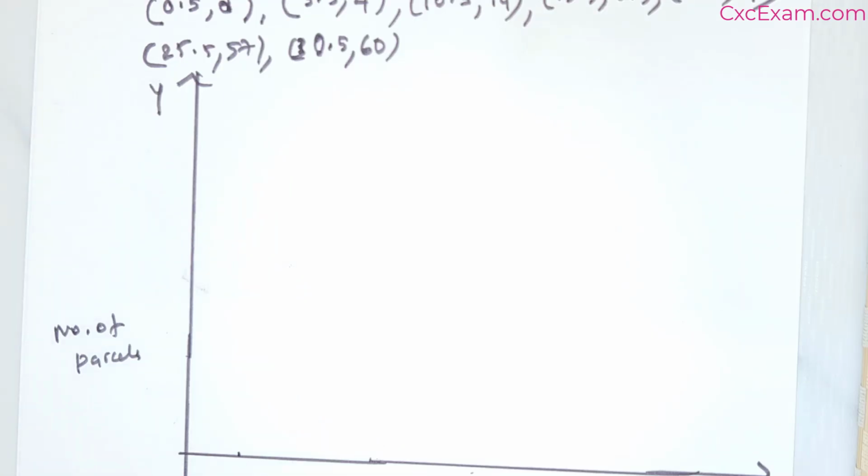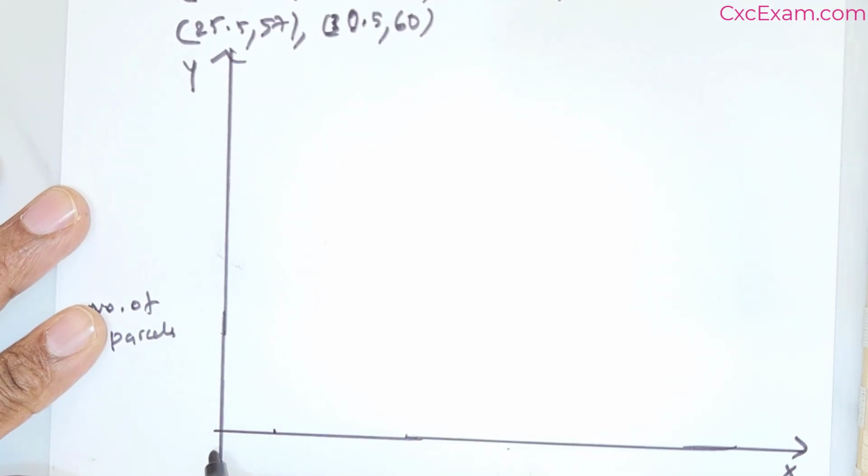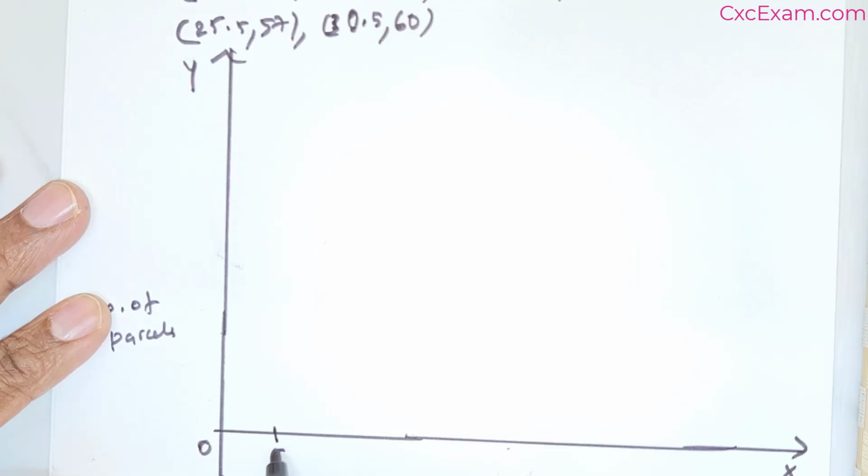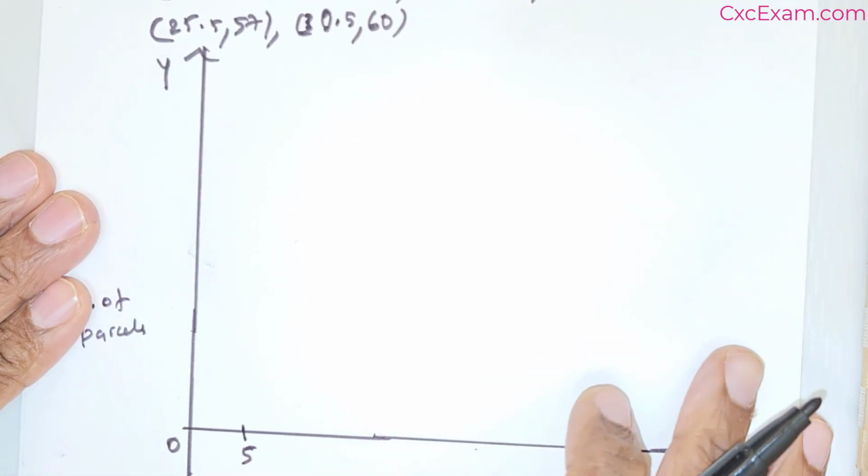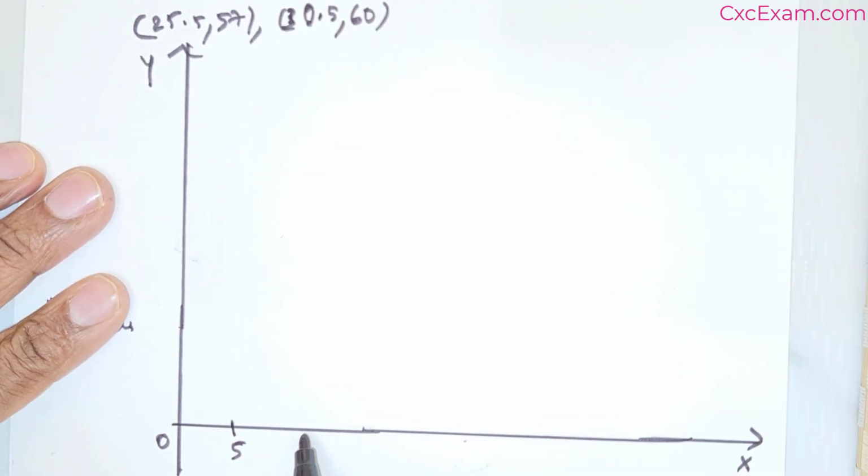So we will have to mark that. It's going to be 0. Every 2 centimeters represents 5 kg. So this is 5. We got totally 30 kgs, right? So 10, 15, 20, 25 and 30.